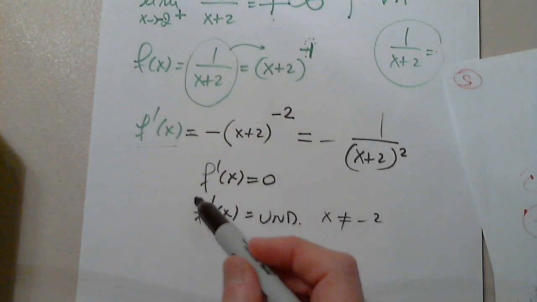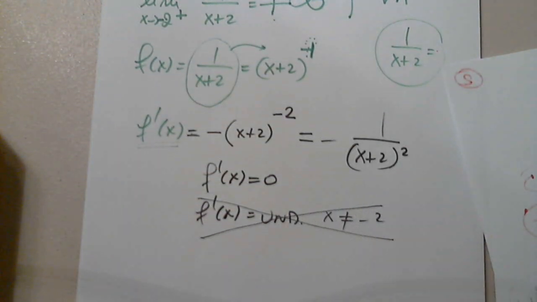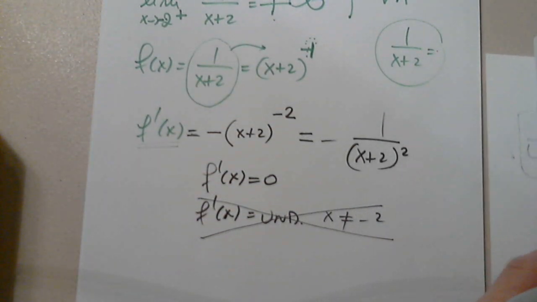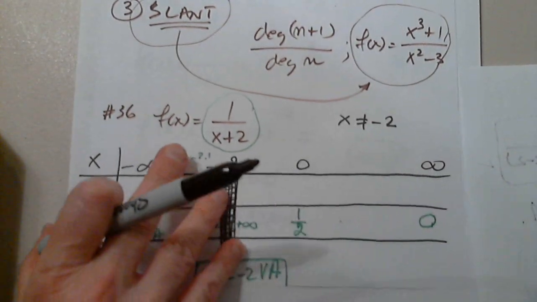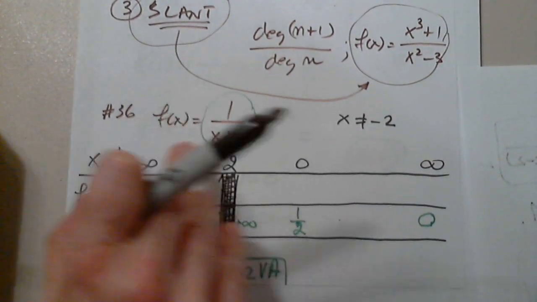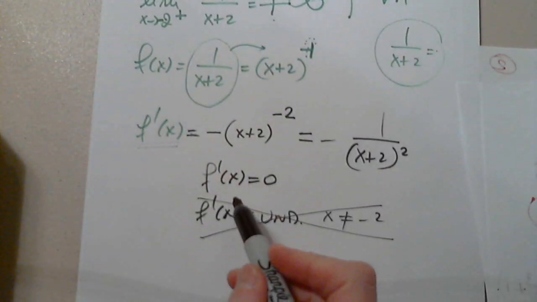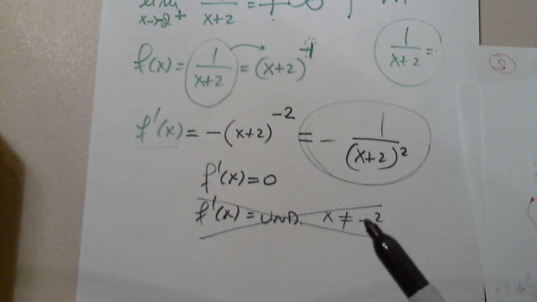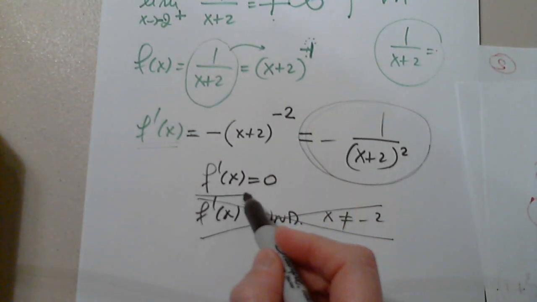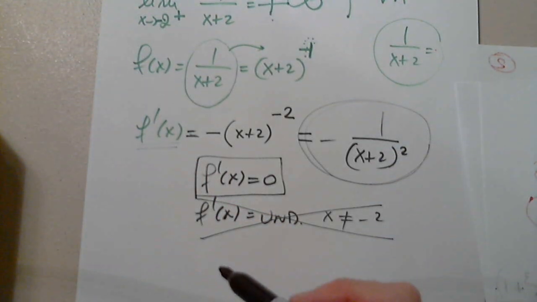Right, but the function is not defined at negative 2 anyway. So it cannot be a critical number. Good. Now, can this function be 0? We are discussing the second source.